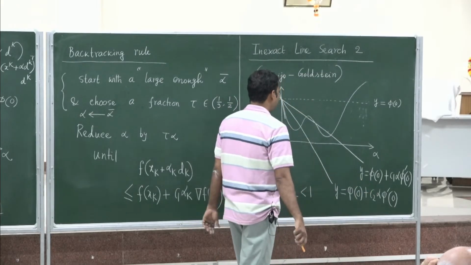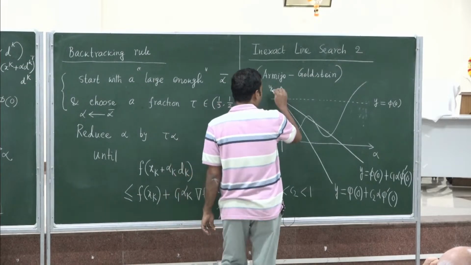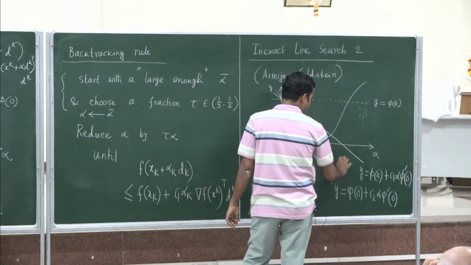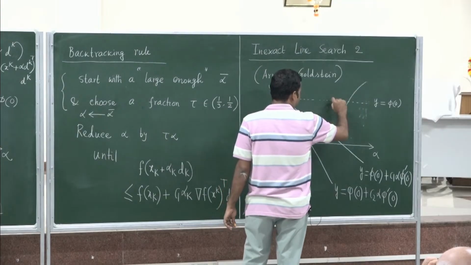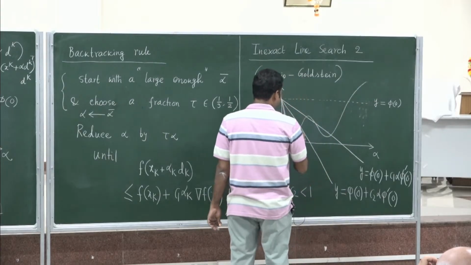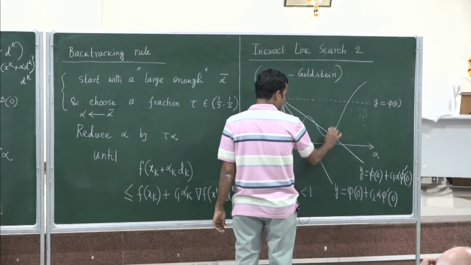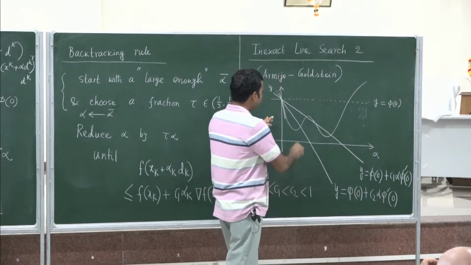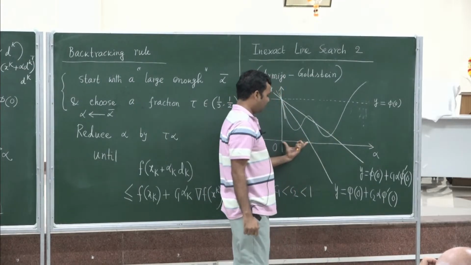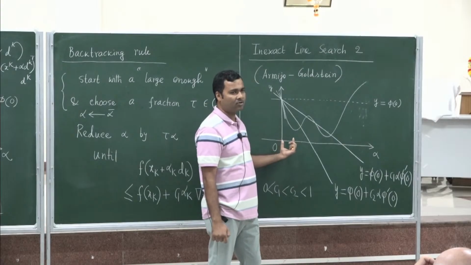Any one is fine, but it essentially says that the function value is substantially below the initial function value and above this particular line. This line is not for the function value; it is to give a safeguard that the step length is not very small.